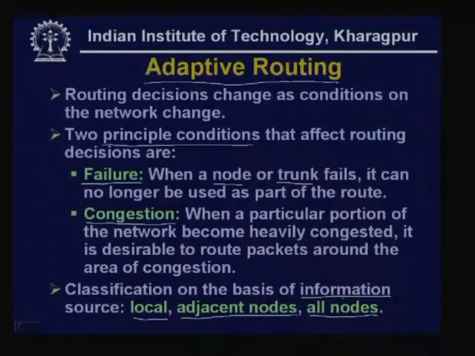It will take more time, and it will put more load on the network, because whenever you gather information, obviously exchange of packets will take place, that will put some load, and also the node has to do computation for using the information gathered from all nodes for the purpose of routing. So, classification can be done based on these three approaches.